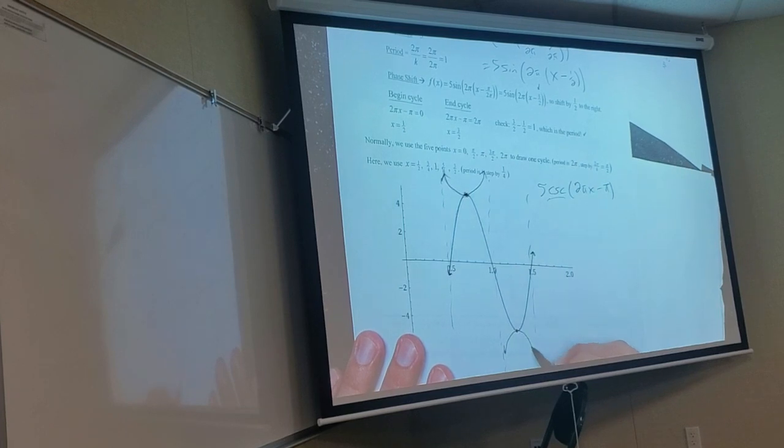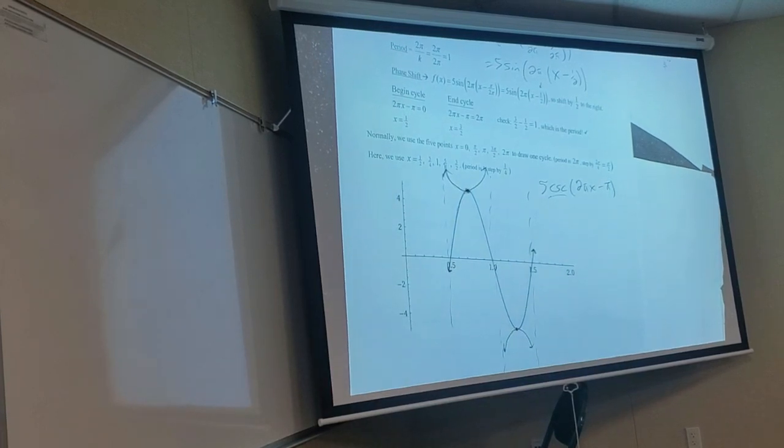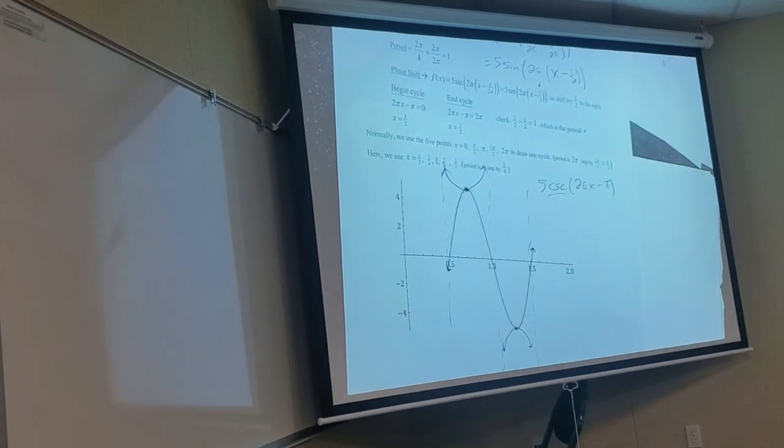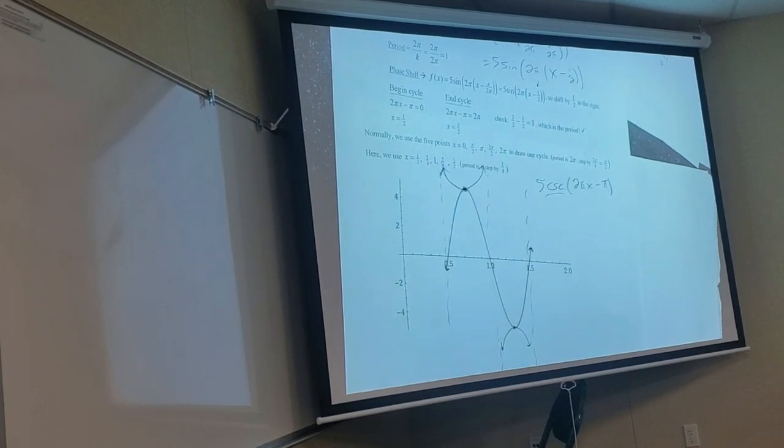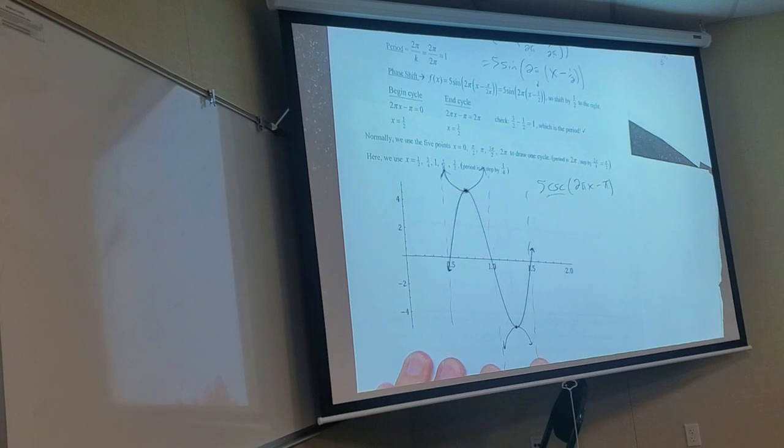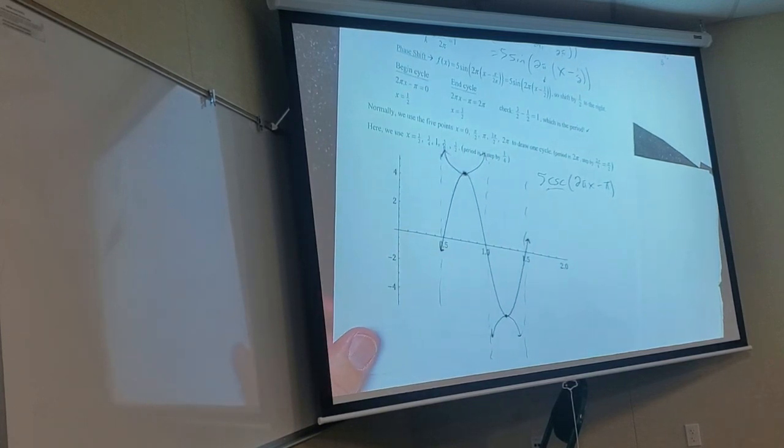So the graph of cosecant and secant, you've got those. If you can graph sine and cosine, and some of you are like, no, I'm still learning that. Okay, the minute you know how to do sine and cosine, it's one more step to do secant and cosecant. There's no special way to do secant and cosecant. You just graph sine or cosine and then plop these little cups on top and bottom of it. Is that all right?